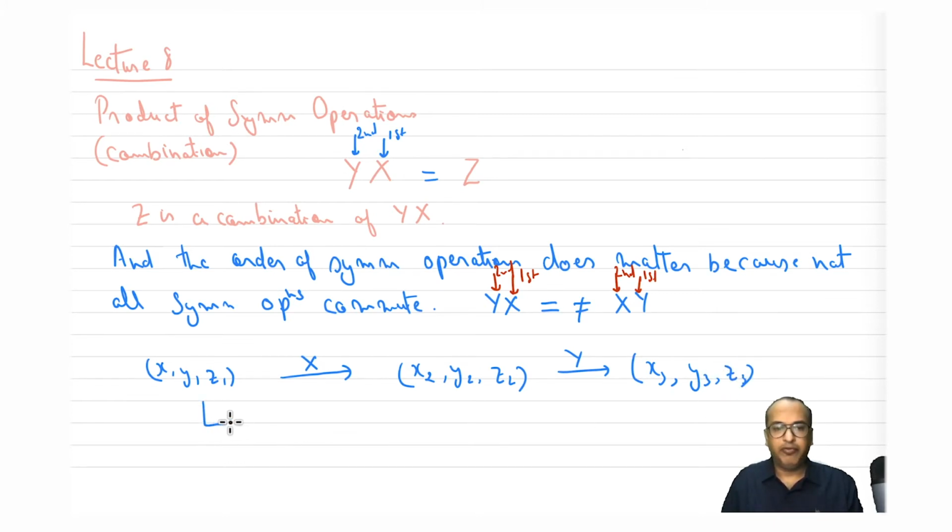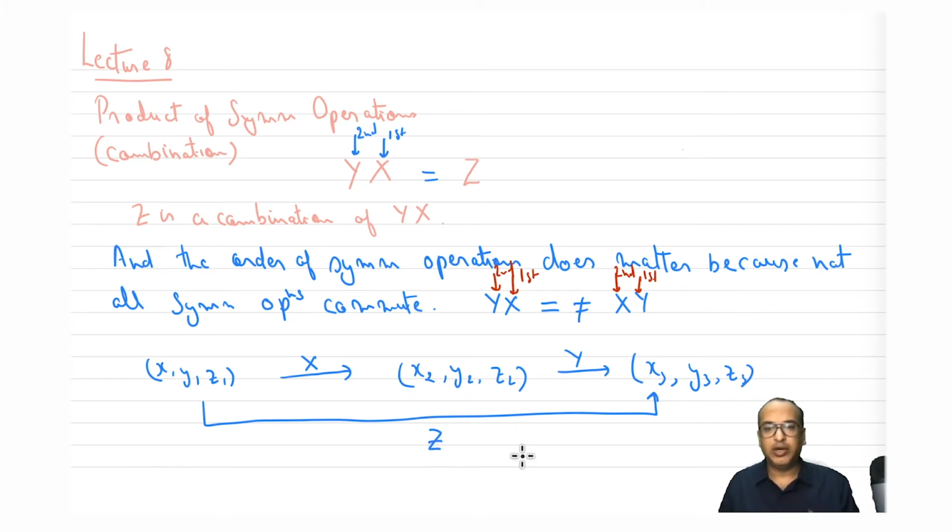Then if you find a symmetry operation z which can directly take you from x1, y1, z1 to x3, y3, z3, then z is called the combination of y and x in this particular order.